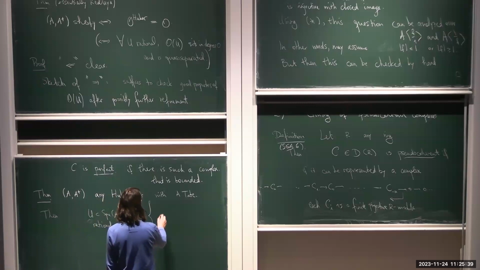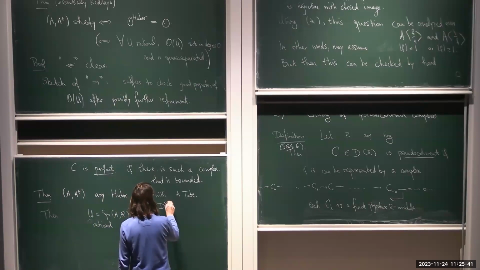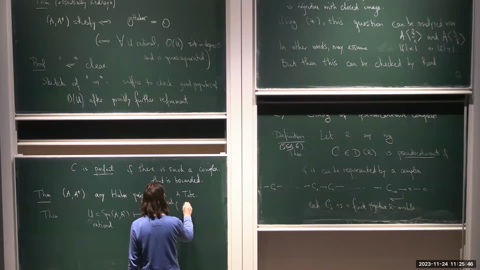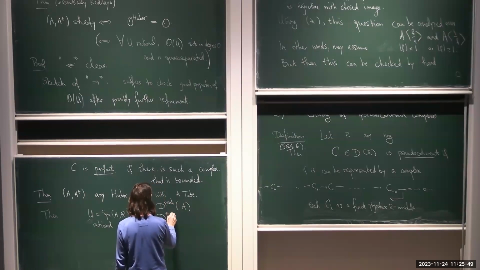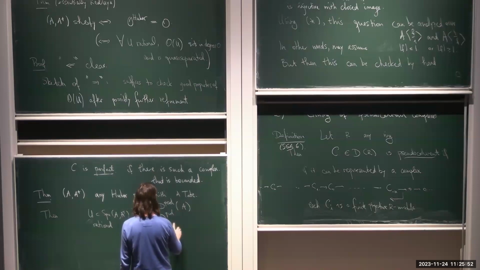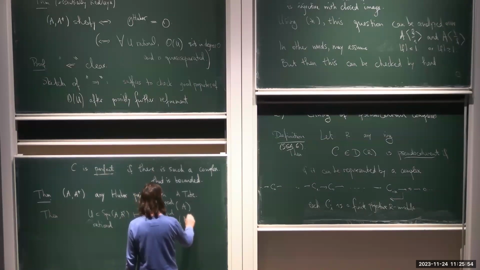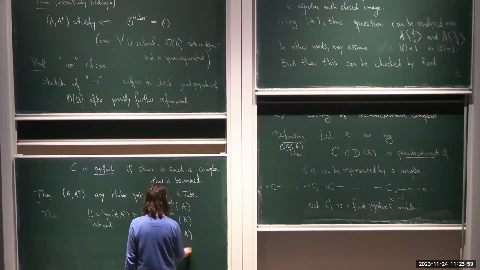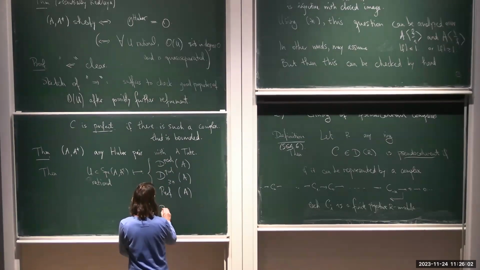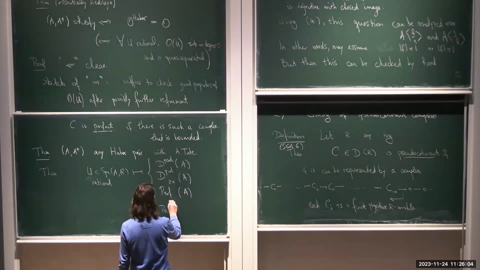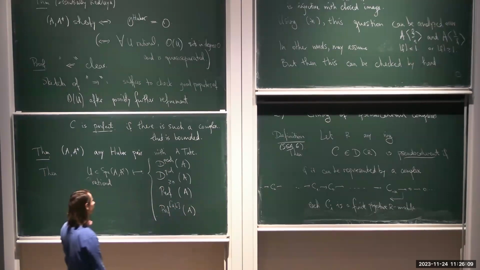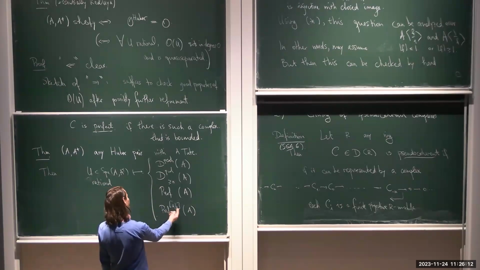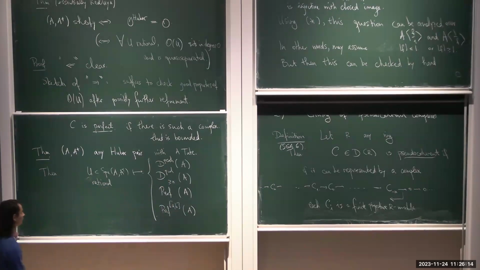On the one hand, you can take pseudo-coherent complexes, all of them, or you can take pseudo-coherent ones that are, let's say, in degrees greater or equal to n for any n. You could also take all perfect complexes, but you could also take those perfect complexes which have such a representation in some interval. So Perf [a,b] means those that can be represented using a complex sitting in those degrees.